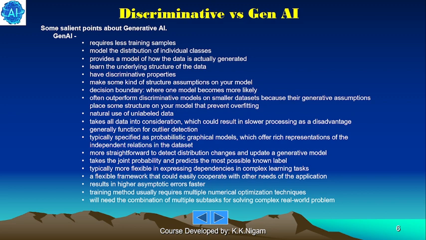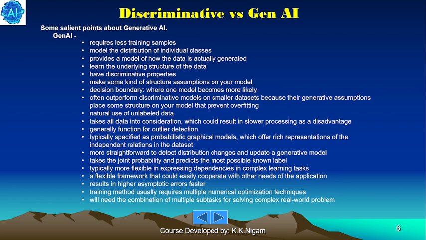Generative AI requires fewer training samples, models the distribution of individual classes, provides a model of how the data is actually generated, learns the underlying structure of the data, has discriminative properties, and makes some kind of structure assumptions on your model.